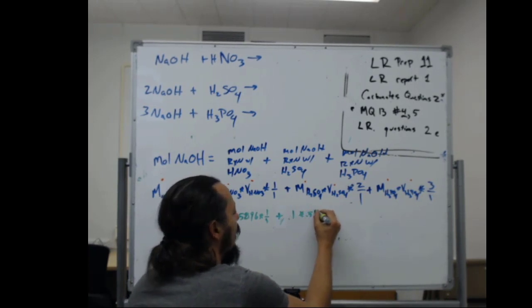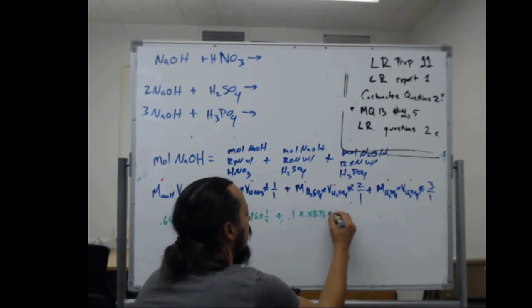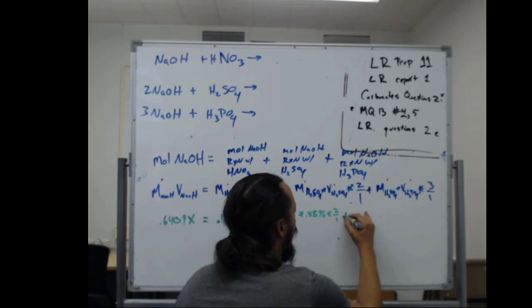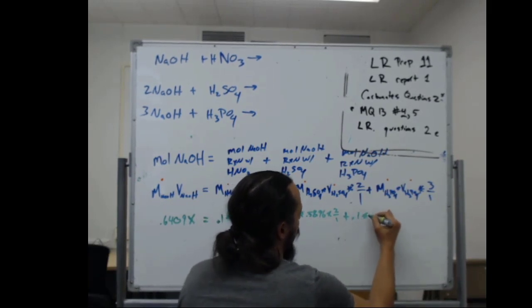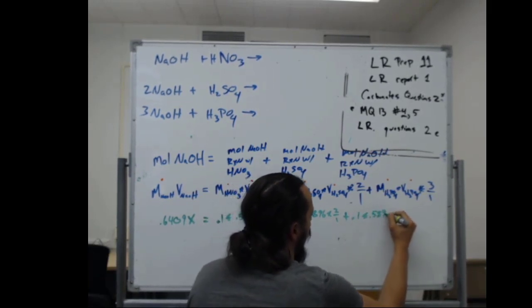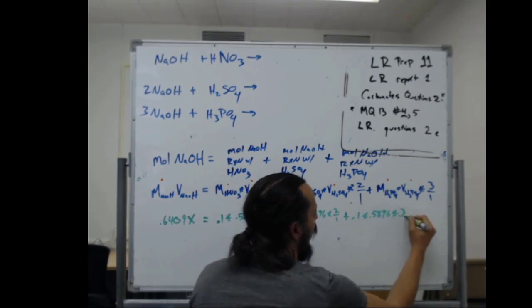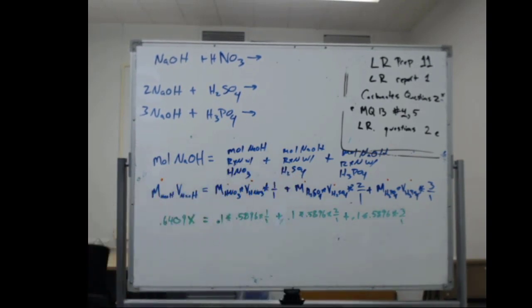plus 0.1 times 0.5896 times 2-to-1 plus 0.1 times 0.5896 times 3-to-1. And if I give people this equation and I say solve for x, everyone can do it, right? Solve for x, no problem.